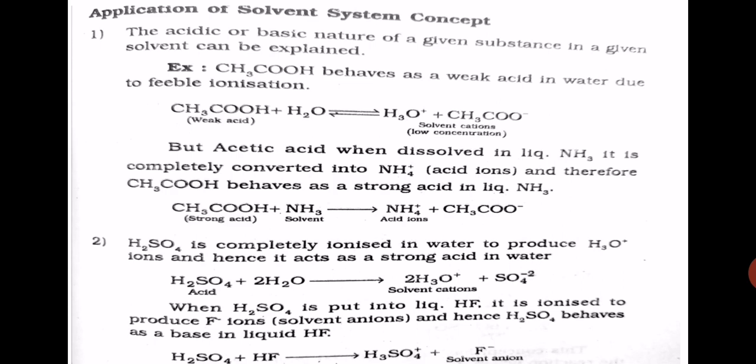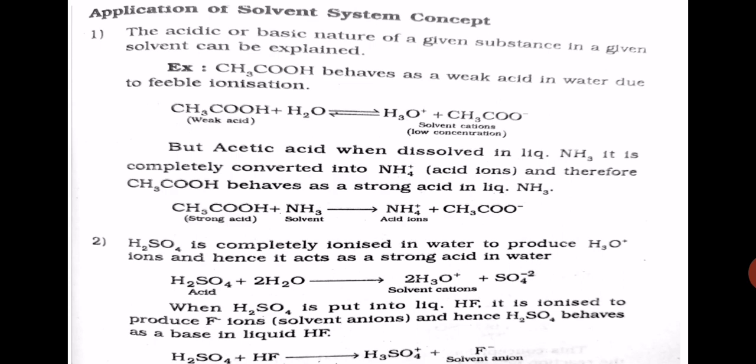Here, H2SO4, sulfuric acid, plus 2H2O gives us 2H3O+ ions plus SO4 2-, sulfate ions. Sulfuric acid is completely ionized in water, producing the H3O+ ion.